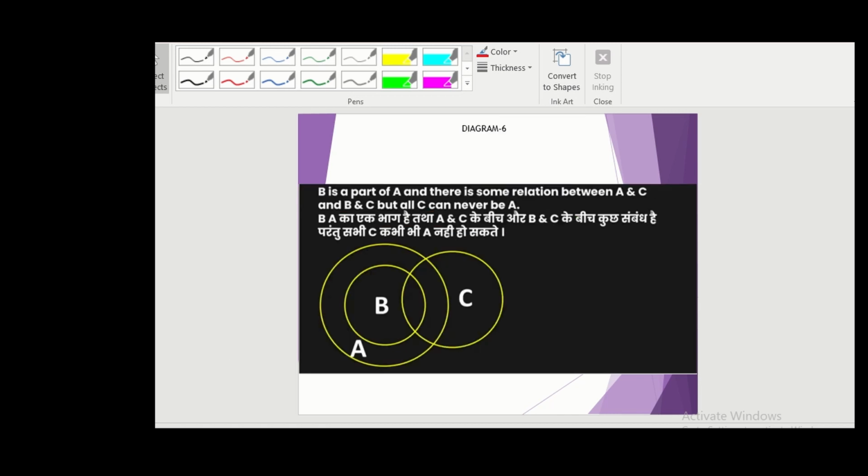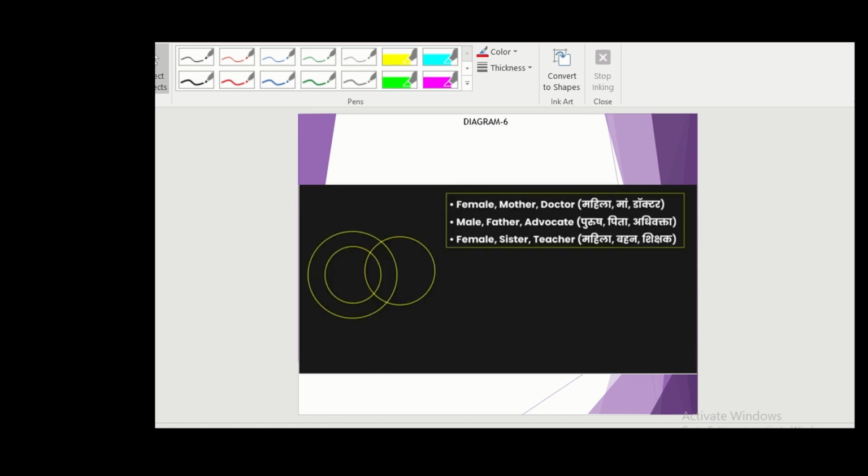Okay, let's check the examples. Female, mother, doctor. This is female, this is mother, and this is doctor. Every mother is a female. A father cannot be a mother.